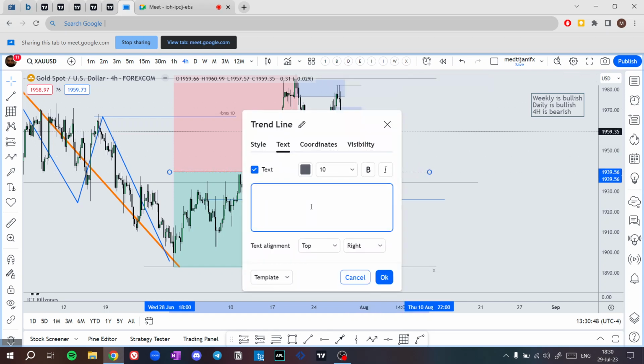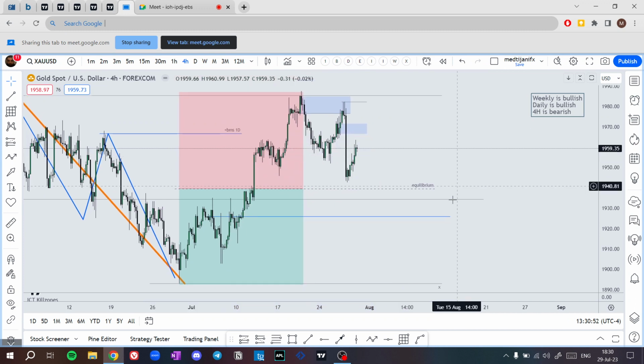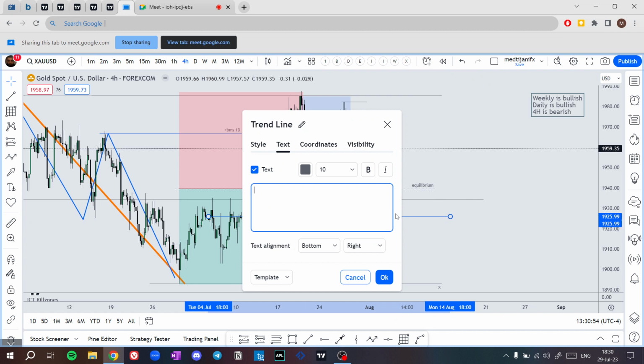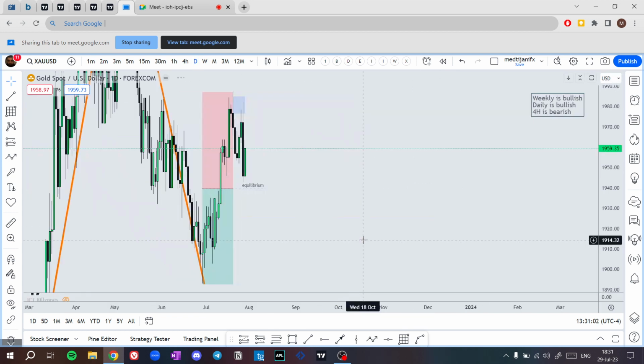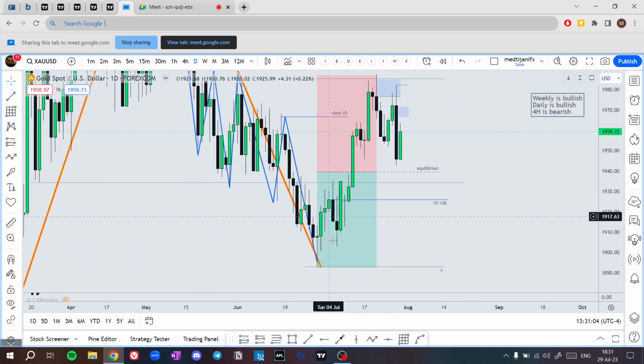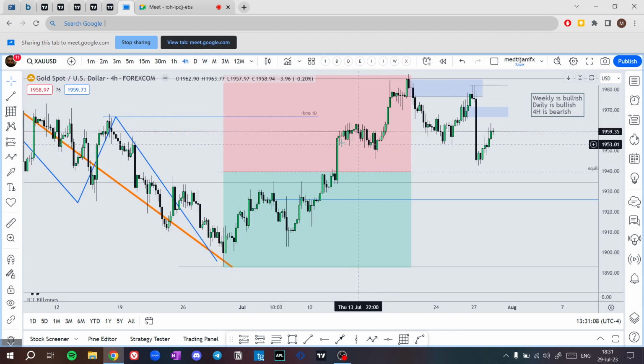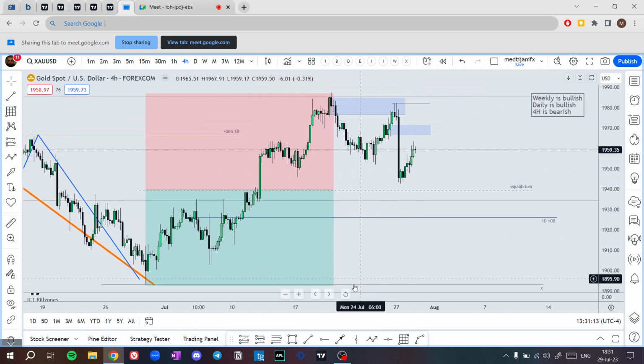We have our daily bullish order block. We have our fair value gap here, and price should fill it. Do we have some sell side liquidity? This is a sell side liquidity, and price could check it.